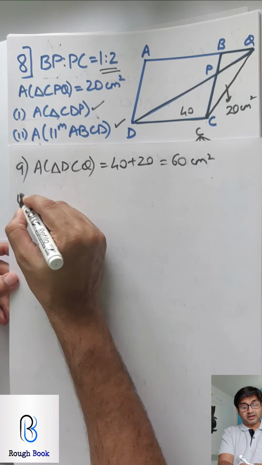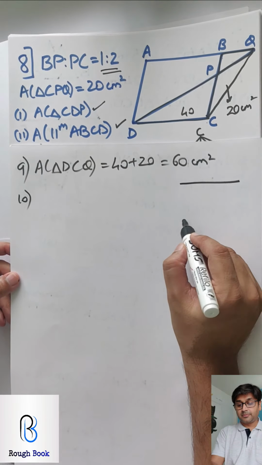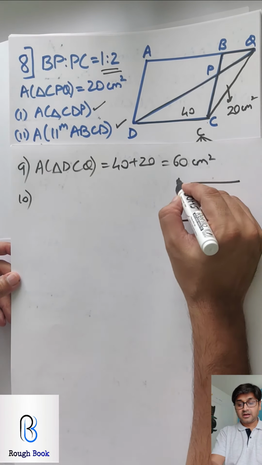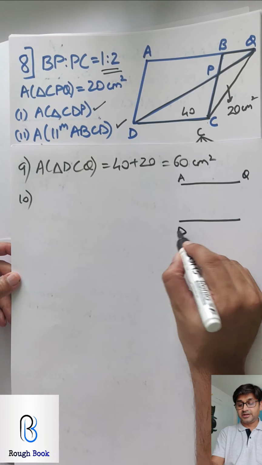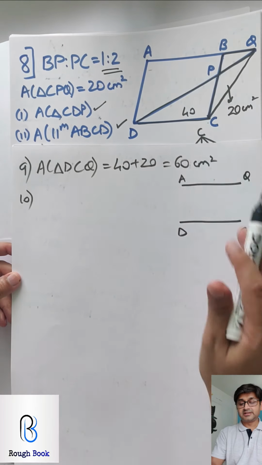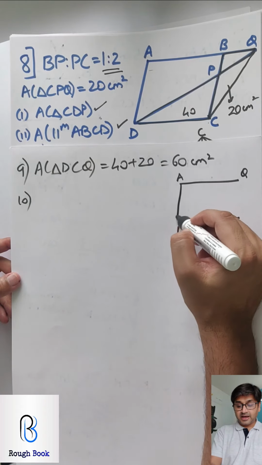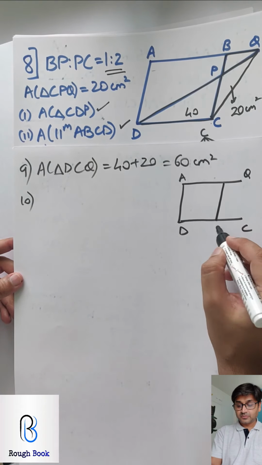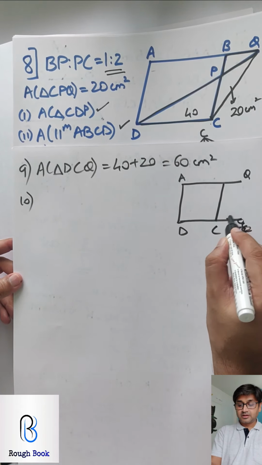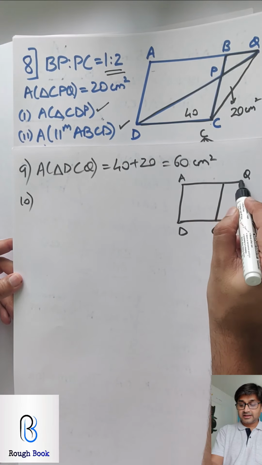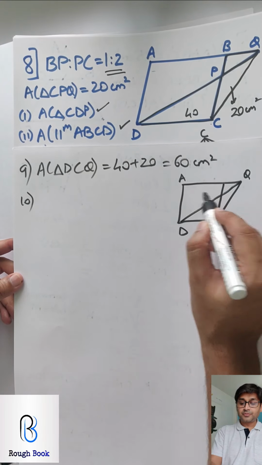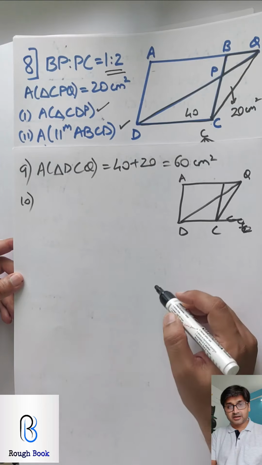Now pay attention to me carefully, alright? See, this is one parallel line, second parallel line. I call these parallel lines AQ and DC. Now, there is a parallelogram here and there is a triangle DCQ, both lying between the same parallel lines.